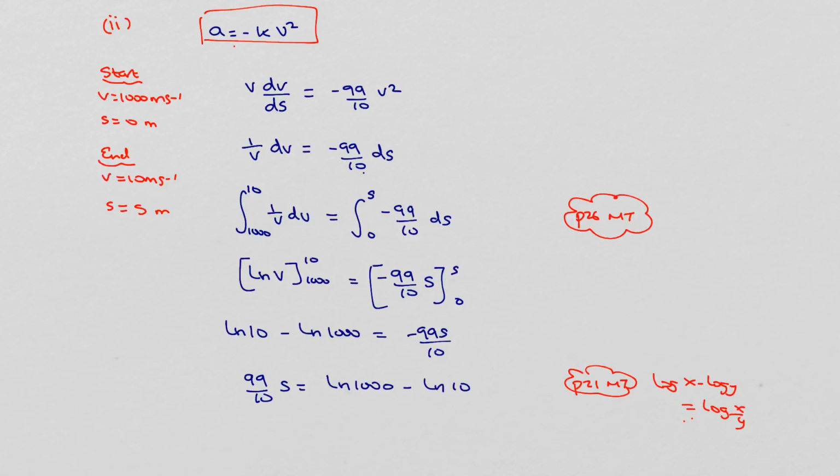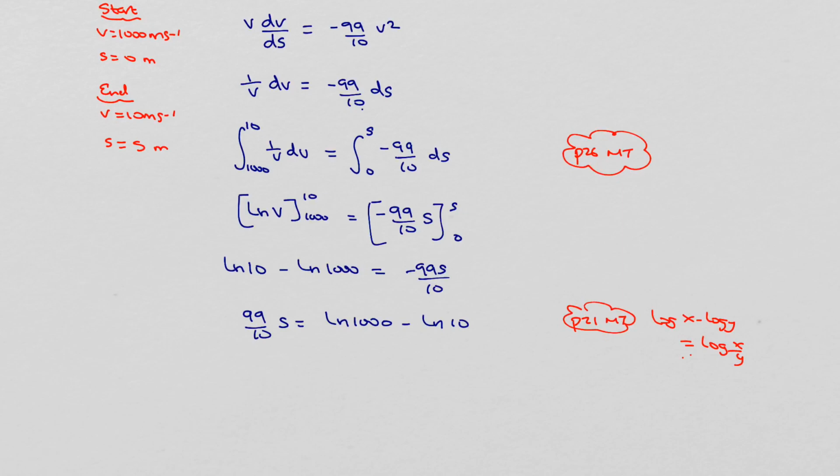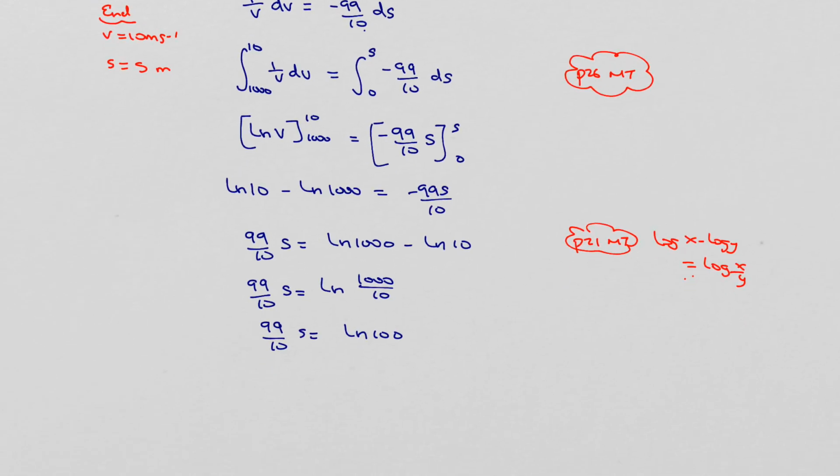So therefore I'm going to have 99 over 10 s is equal to natural log of 1,000 over 10, which is of course natural log of 100. Then we just finish off by getting s on its own, so multiply across by 10 and divide across by 99: s equals 10 over 99 natural log of 100, and of course that's in meters, and that's exactly what they wanted us to show.